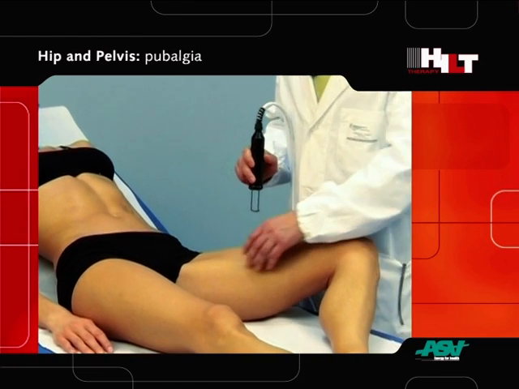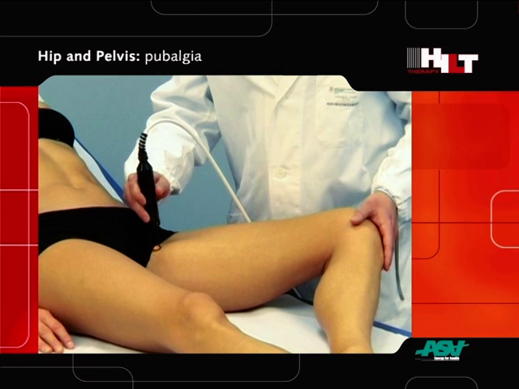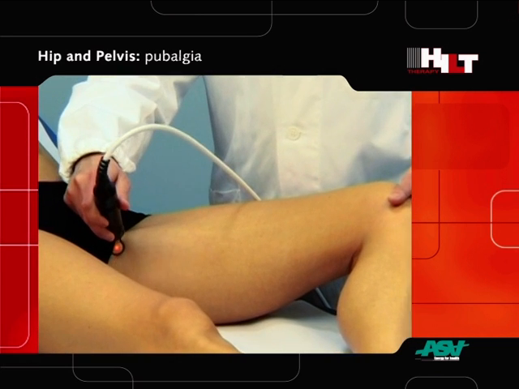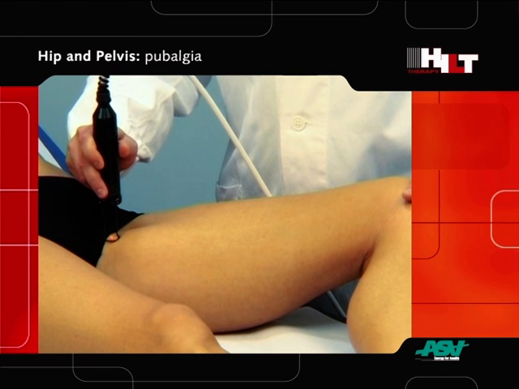After that, the insertions of tendons will be treated with slow longitudinal and transversal scanning movements.